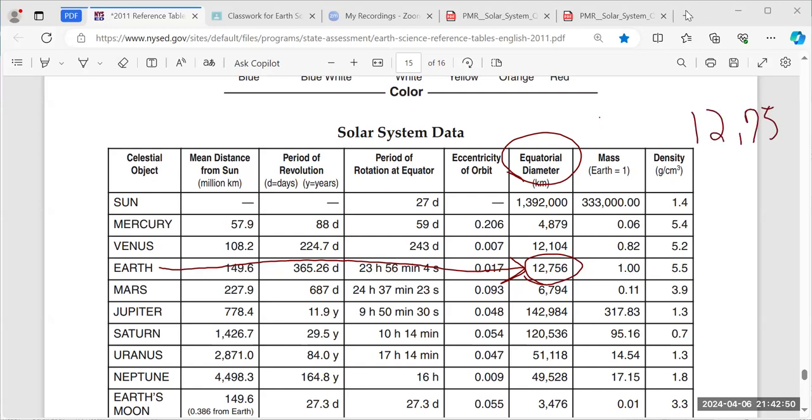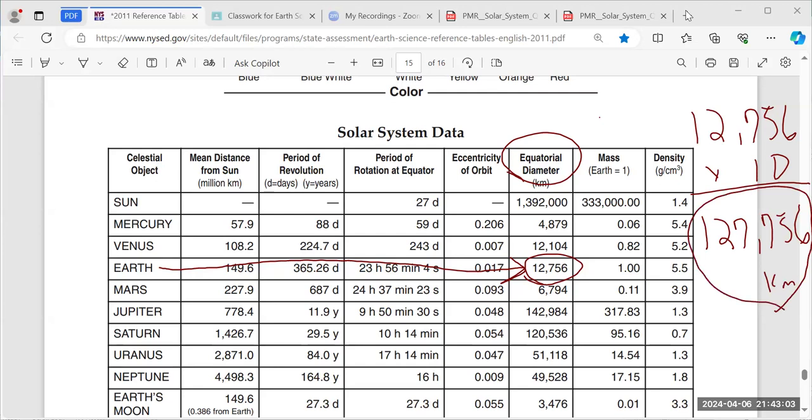So 12,756 times 10 gives me 127,756 kilometers. Now, which planet has a diameter that is closest to 127,756 kilometers?